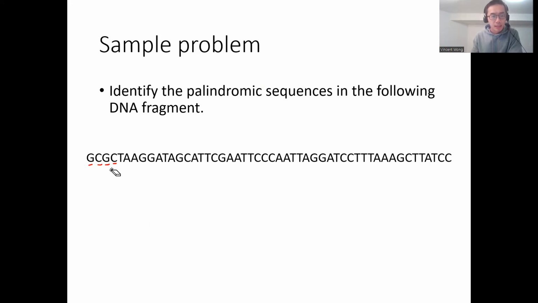GCGC. The complementary strand backwards would be GCGC. So there is a palindrome. Remember, these are 4 to 8 nucleotides long.